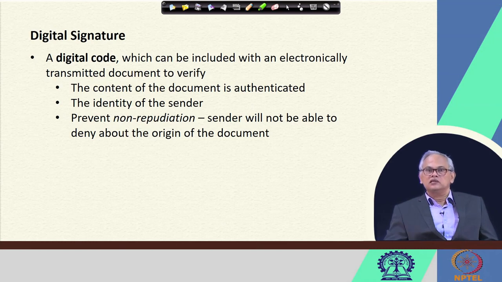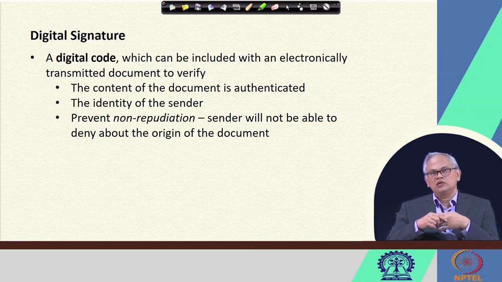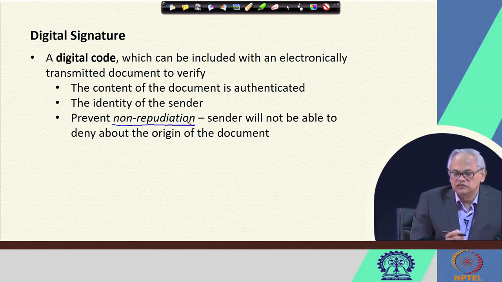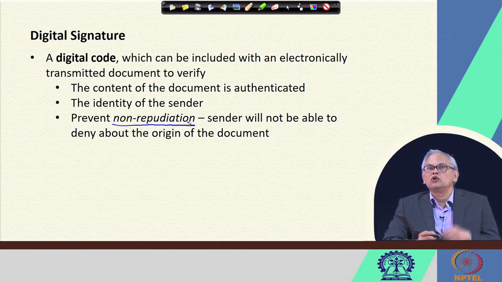A digital signature is a digital code that can be included with an electronically transmitted document, and it is used to verify that the content of the document is authenticated, the identity of the sender, and prevent what is called non-repudiation. Non-repudiation means the sender will not be able to deny the origin of the document. So, this digital signature is one application of public key cryptography.